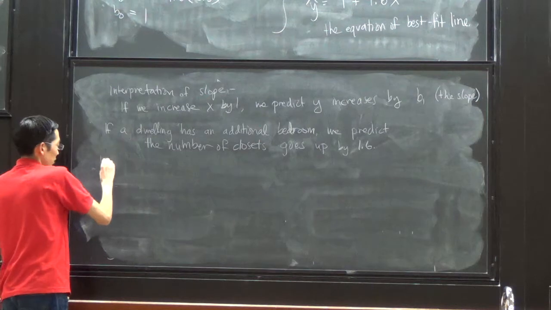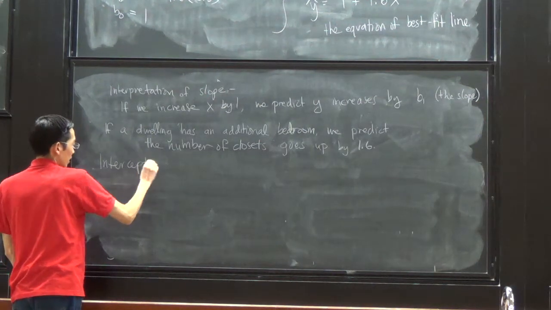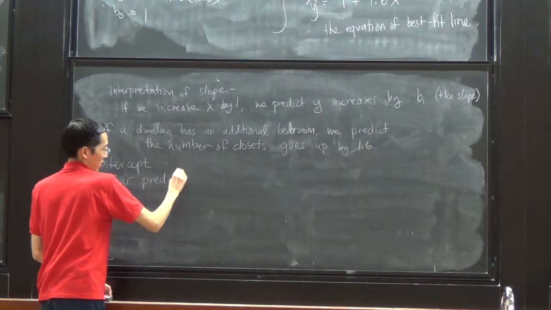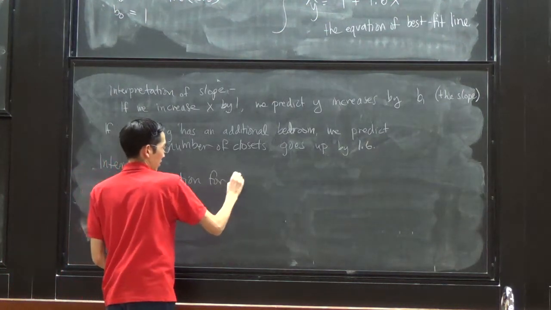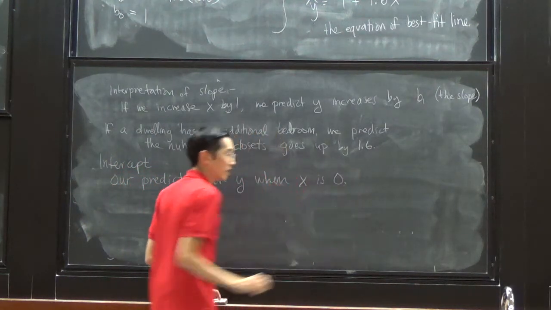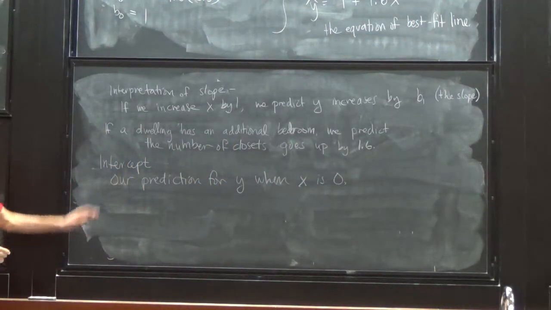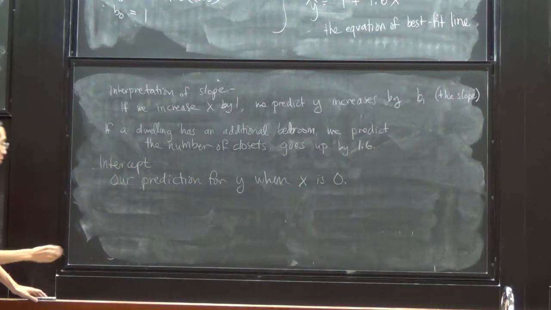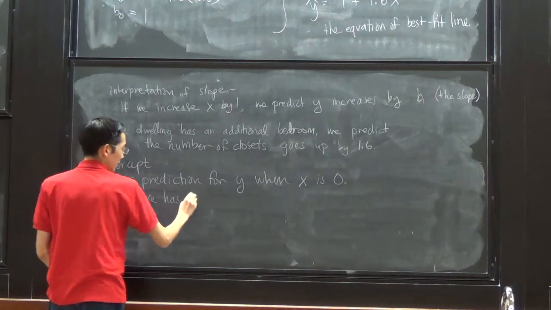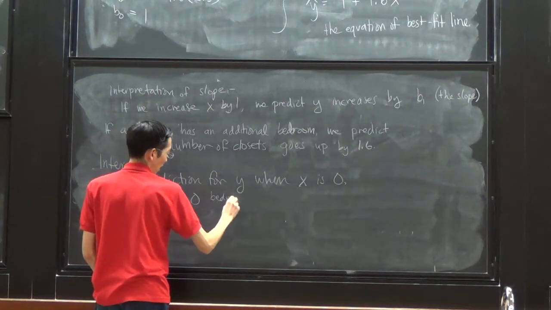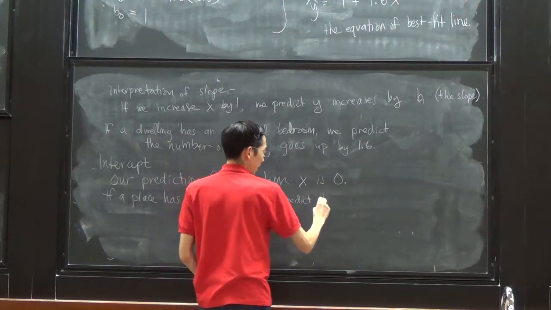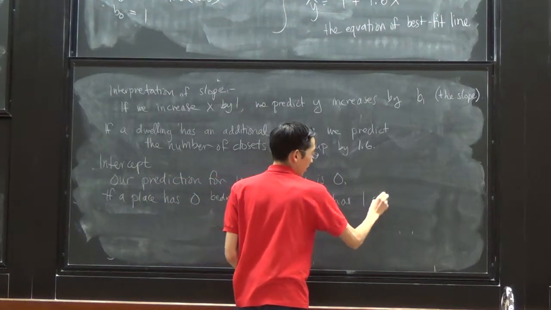Let's talk about the intercept. The intercept is our prediction for y when x is 0. So in the context of our problem, we would say if a place has 0 bedrooms, we predict it has 1 closet.